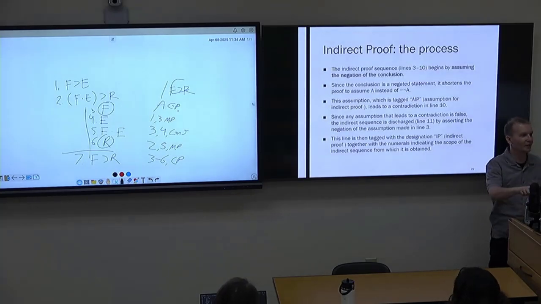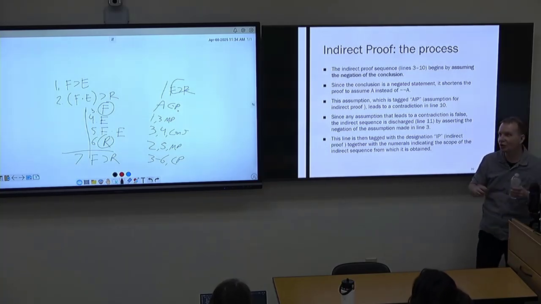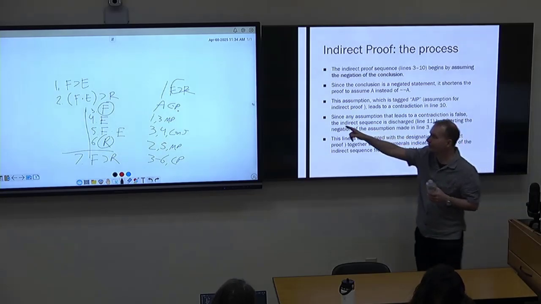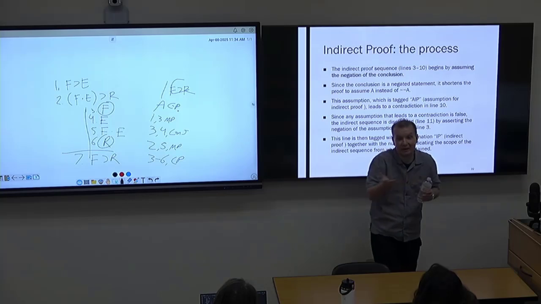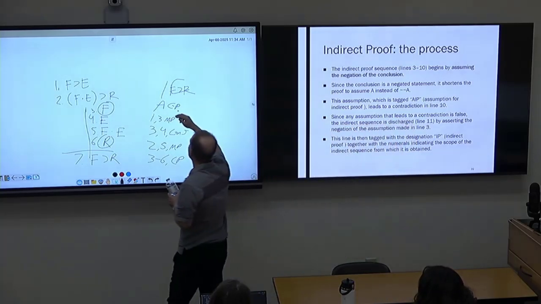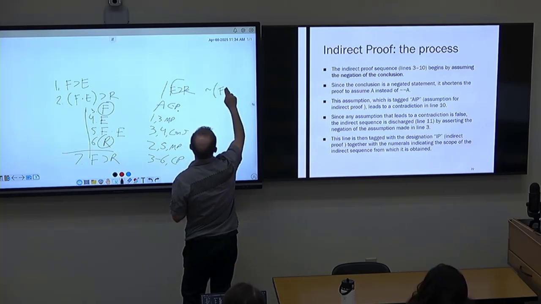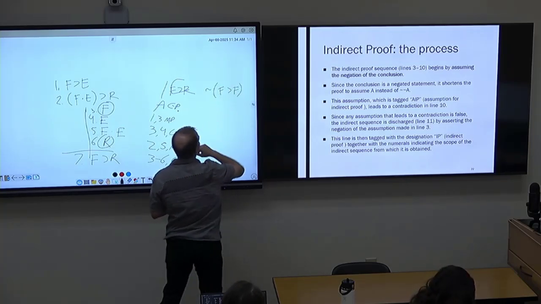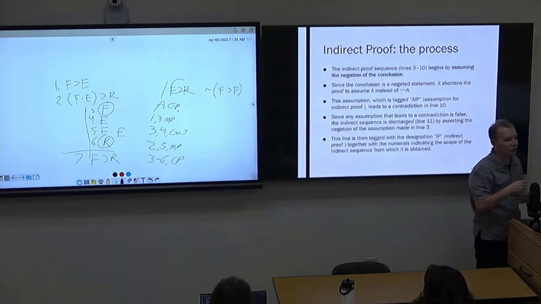Okay, so the process in indirect proof begins by assuming the negation of your conclusion. So in this case, we would have to negate our conclusion, right? If we were working with this one, for example, we could also assume the negation of our conclusion. Now, it's easier, of course, if your conclusion is just one letter.